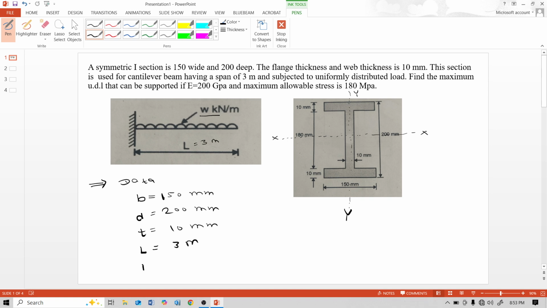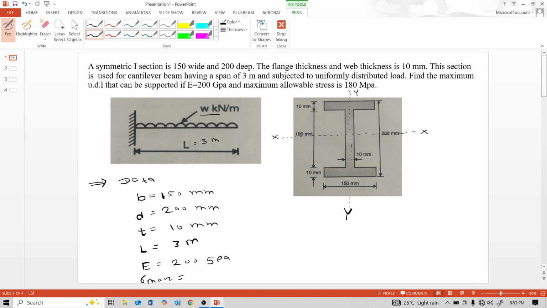E, modulus of elasticity or Young's modulus, is 200 GPa, gigapascal. And maximum stress sigma max is 180 MPa. We have to find W, the uniformly distributed load acting on this cantilever beam, the maximum UDL.